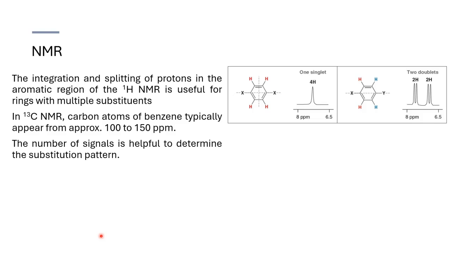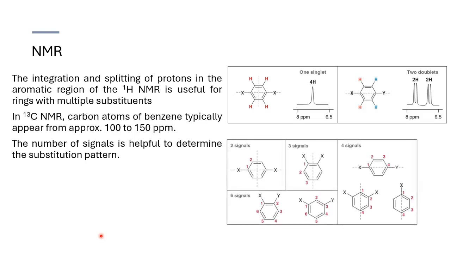The number of signals is helpful to determine the substitution pattern. In the proton NMR, we saw a couple of examples. In the carbon NMR, there are several more examples given here. Depending on the substituents, we might expect to see 2 signals, 3 signals, 4 signals, 6 signals. It just depends.